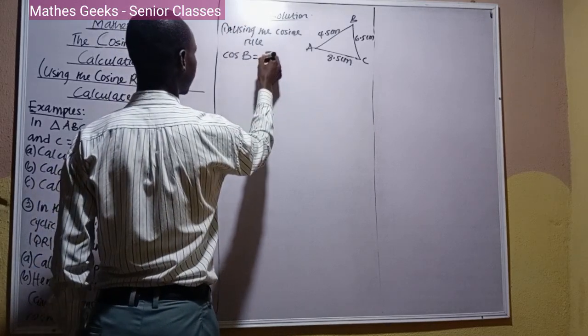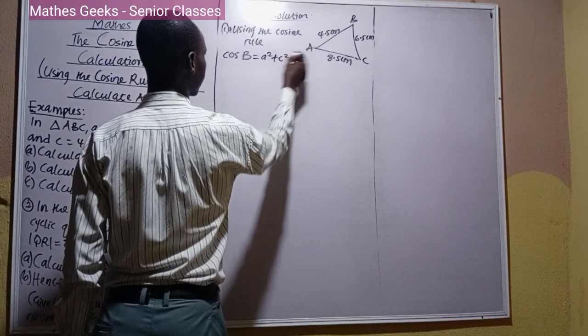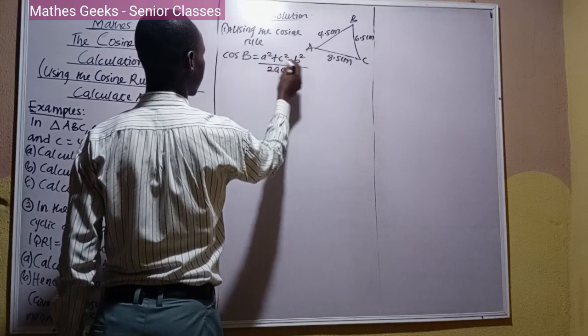Cos B is equal to A squared plus C squared minus B squared over 2AC.